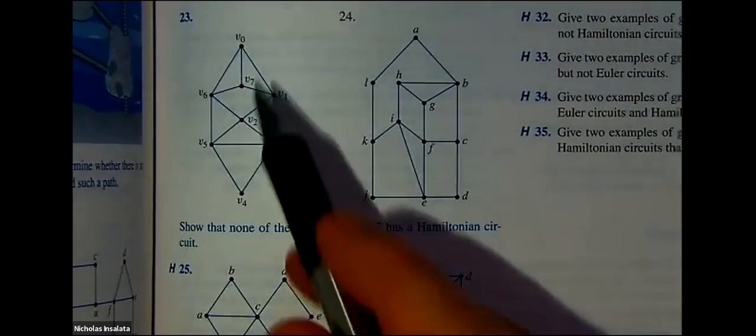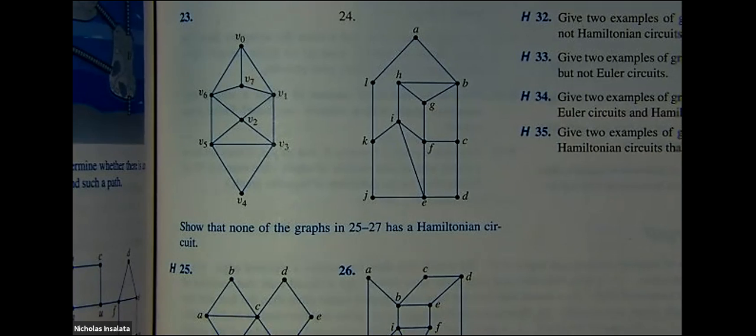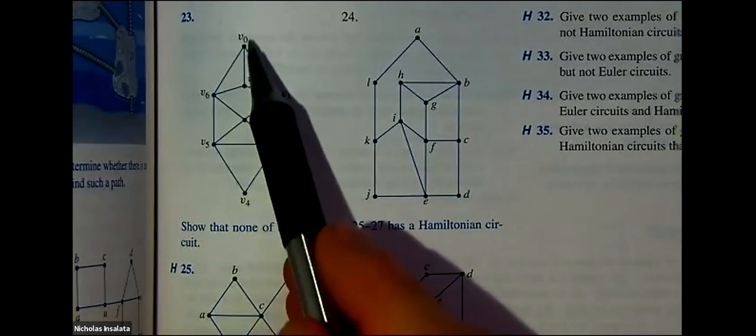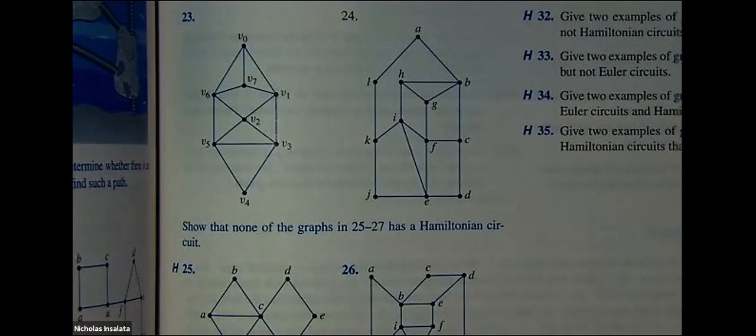Okay, so in 23, do you think we have an Euler circuit in there? No. Okay, why not, Amber? Good. There's a vertex with odd degree, V0, right? So remember last time we were saying that an Euler circuit requires that every vertex in the graph has even degree, right?